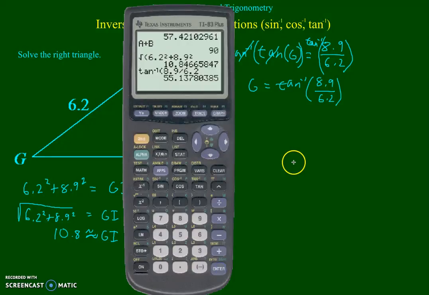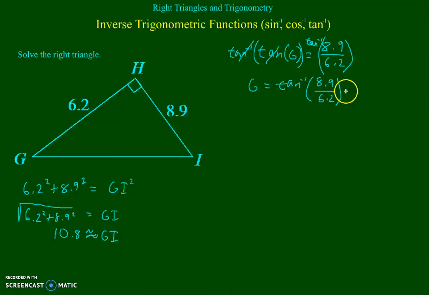55.1 degrees approximately. Now, just as we did before, let's use the same method to find I. Again, you wouldn't want to do this on a quiz or a test.